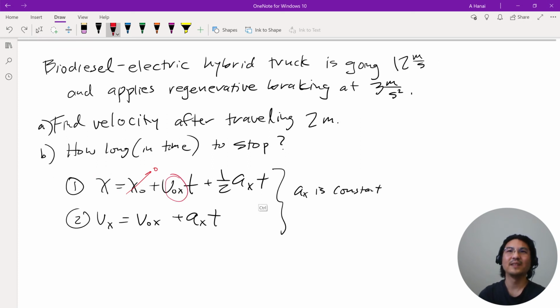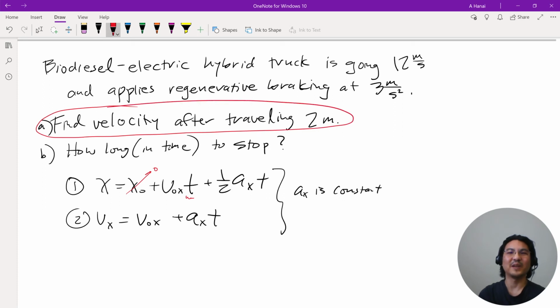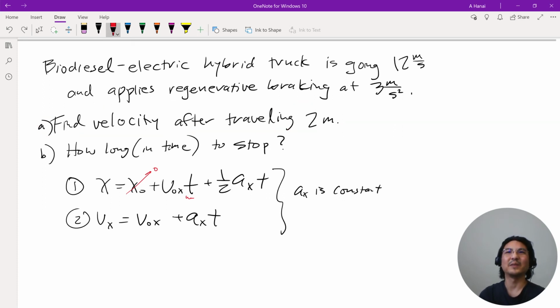Initial velocity. Yes. Time. I don't know. Well, this is part A. Right, so for part A, I don't know the time. Acceleration. Yes, I know it. So time, I don't know.